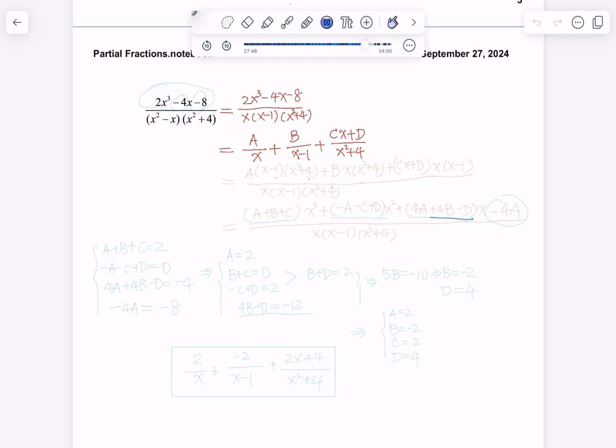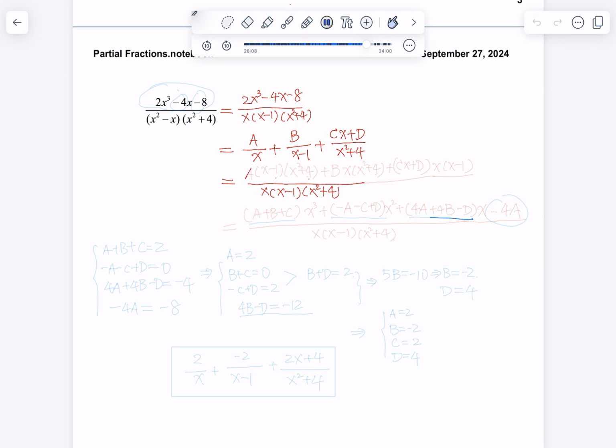To do that, we simply add this decomposition back to see what happens, right? You have to make the common denominator to be able to add everything back.